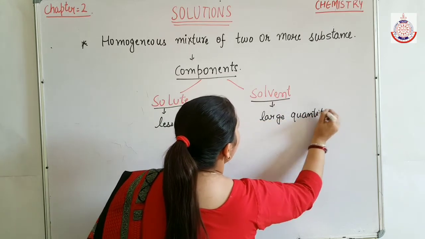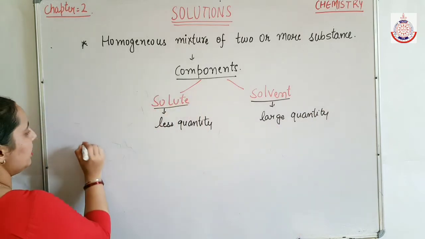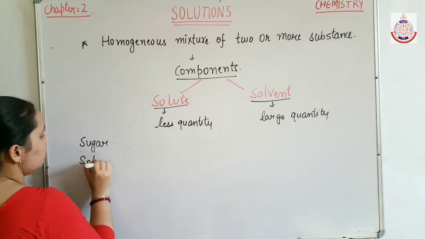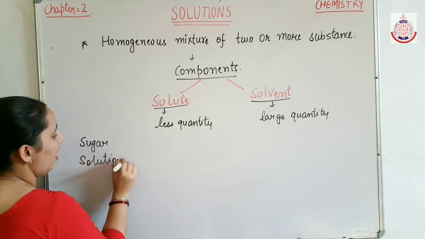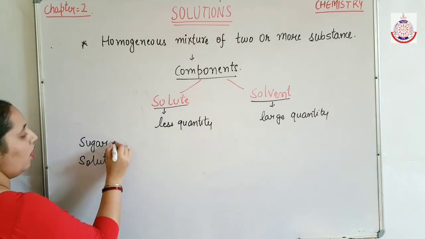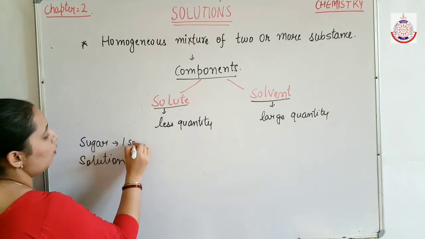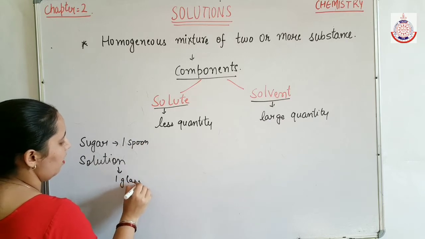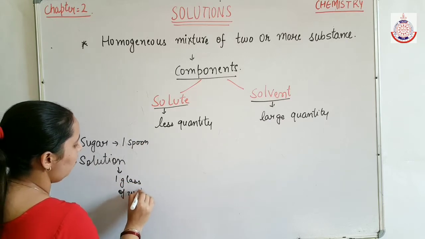Fine? Okay. So here I am taking the example of sugar solution. In sugar solution, you have to dissolve 1 spoon of sugar in 1 glass of water.